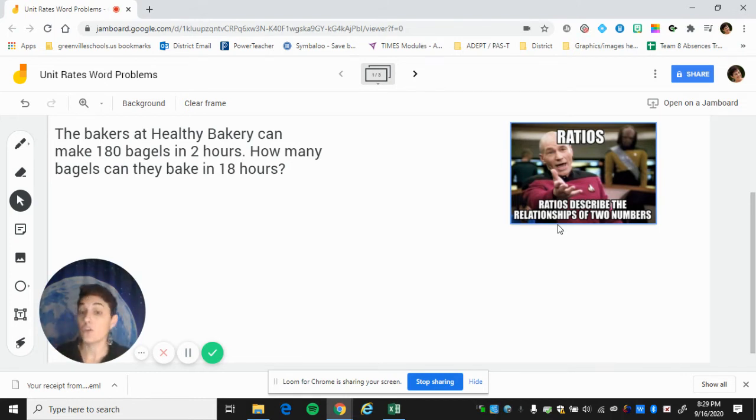And then a unit rate is a rate that is per one thing. Just like your recipes that I made you make on Monday, the 1 cup of water, that you made a unit rate. And then today we also use unit rates. We've been using unit rates all week.